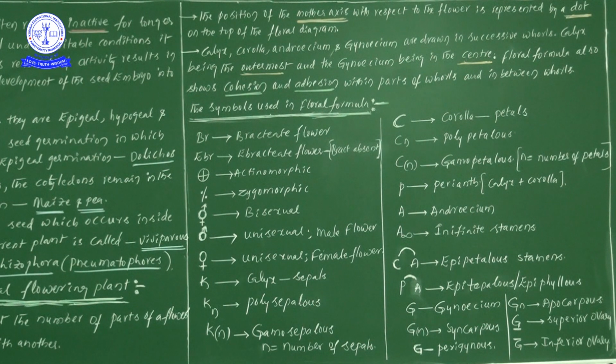Am I right? Next one: the floral formula also shows cohesion as well as adhesion within the parts of flowers and in between whorls. This gives one more piece of information, adhesion and cohesion, that is, fusion among the same members or fusion with other parts.